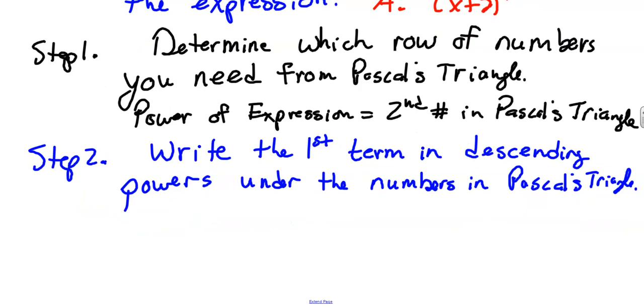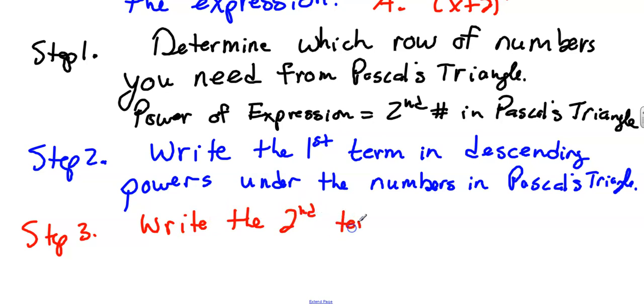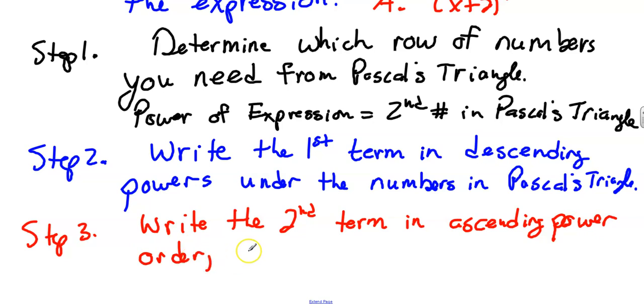And then really the last thing to set it up before we do all the parts, step 3, is you're going to write the second term in ascending power order, I guess would be the best way of saying it. And start with a 0 power.